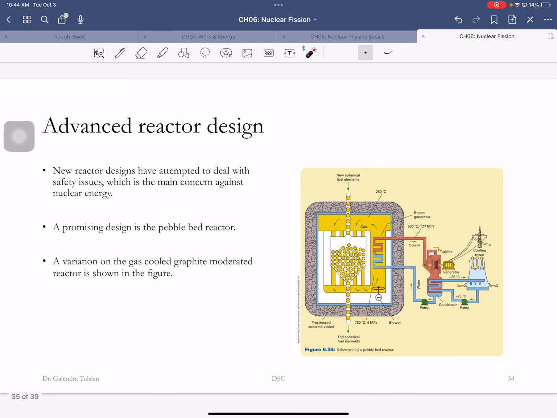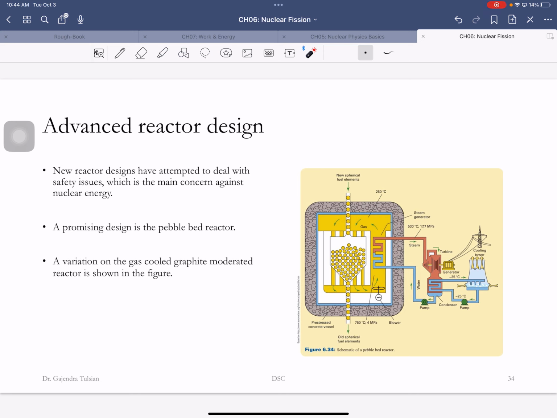So your advanced reactor designs, you see this is air cooled, okay? And these guys will never get too hot. With air cooling, you don't have the heat dissociating water to produce hydrogen.